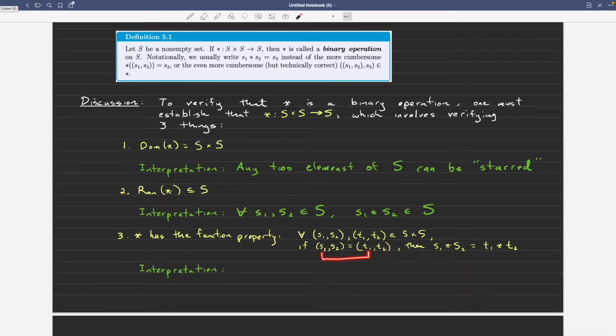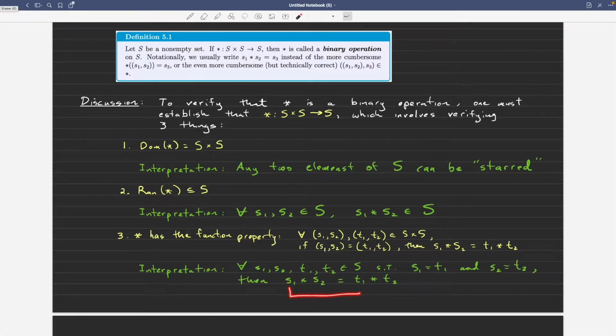So we know S1 has to equal T1 here, and S2 has to equal T2. So maybe it would be slightly easier to say it this way. For every S1, S2, T1, and T2 in S, such that S1 equals T1 and S2 equals T2, so I'm just saying that those corresponding components of the ordered pairs are equal, then it must be the case that S1 star S2 will equal T1 star T2.